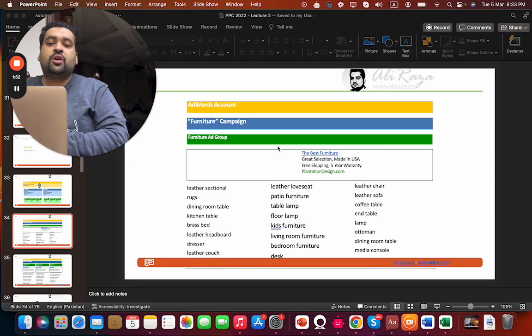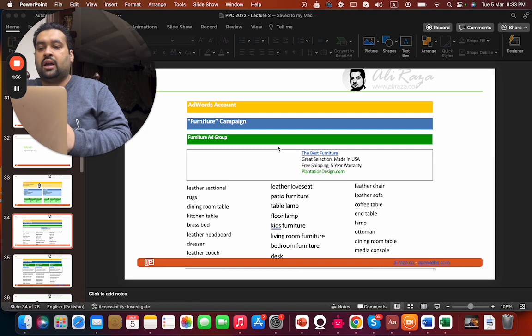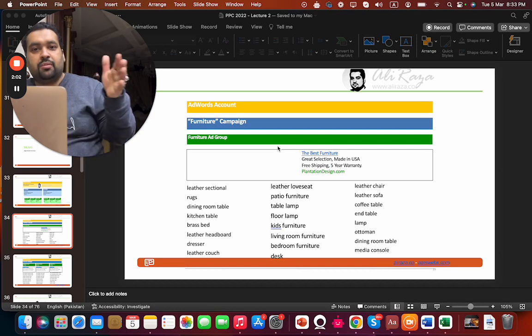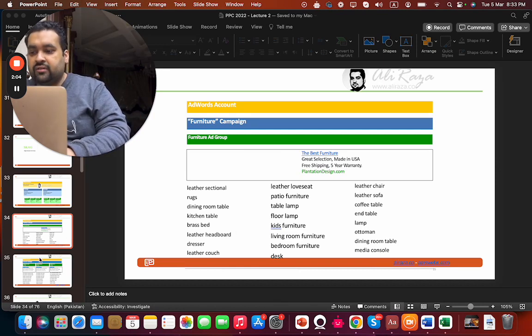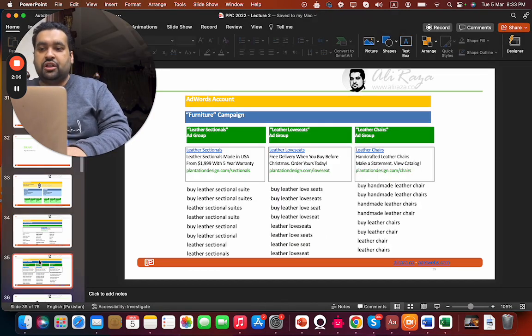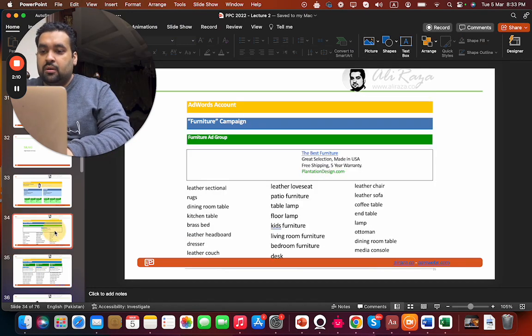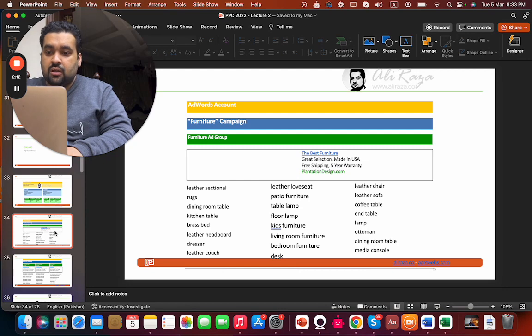Another thing I want to talk about in keyword research is that the keywords should be organized in a way that the ad is highly relevant. The intent of each keyword may differ, so you need to organize it accordingly. For instance, for the furniture campaign, you can see that I have divided this ad group from this to this.